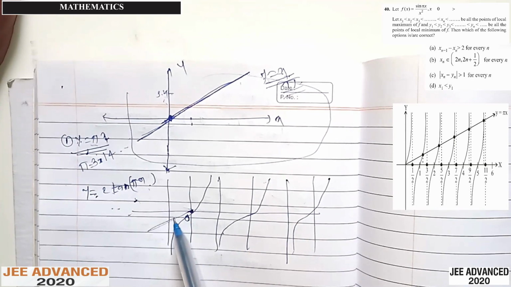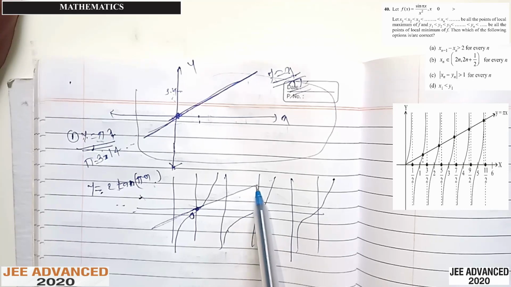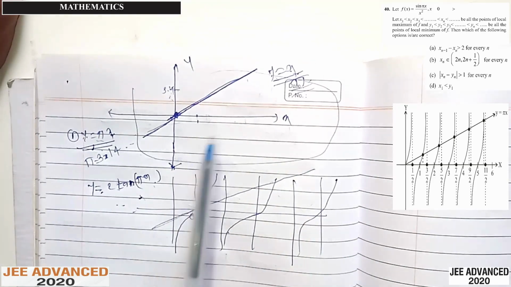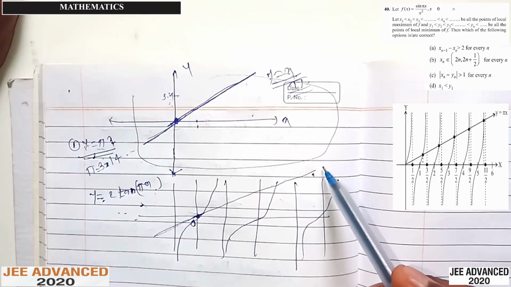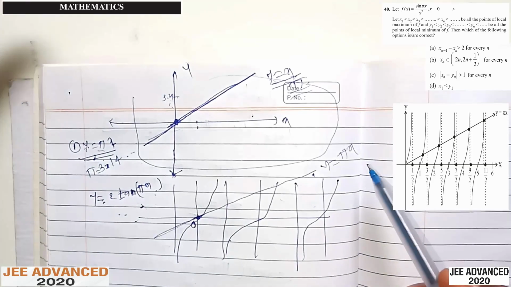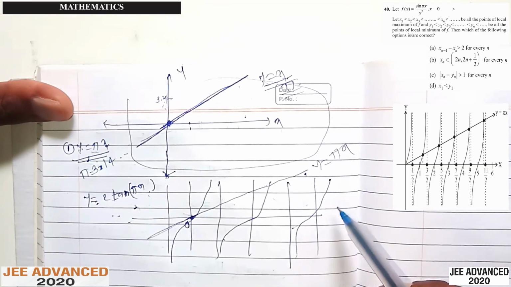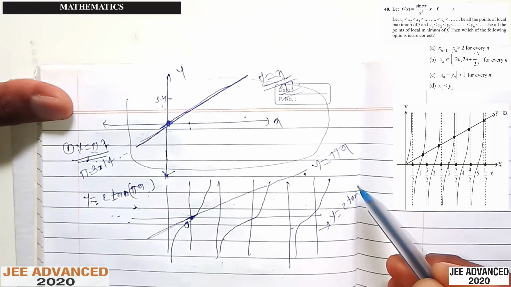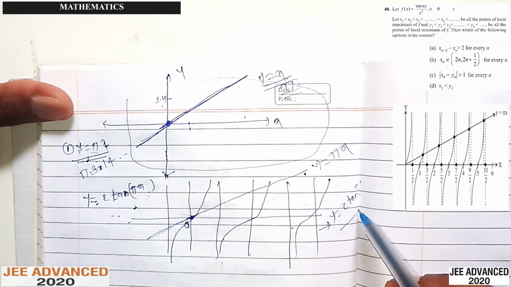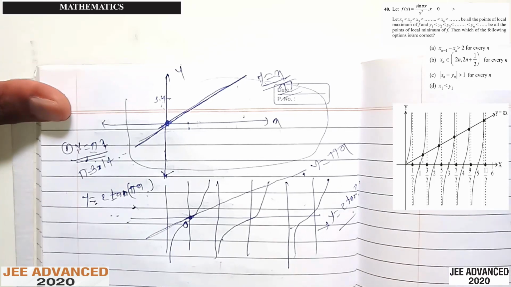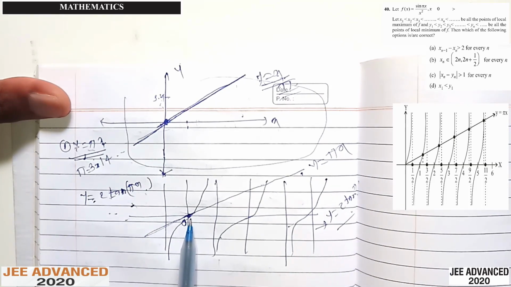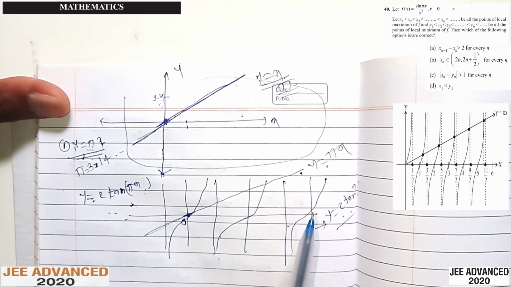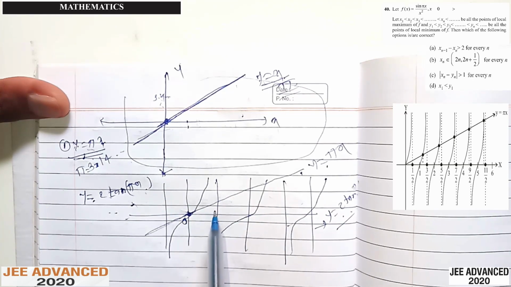Now we want the collision point between y equal to pi x and y equal to 2 times tan pi x. This is the graph of y equal to pi x, and this is the graph of y equal to 2 times tan pi x. Where do they collide? First at 0, 0, and another point comes here.